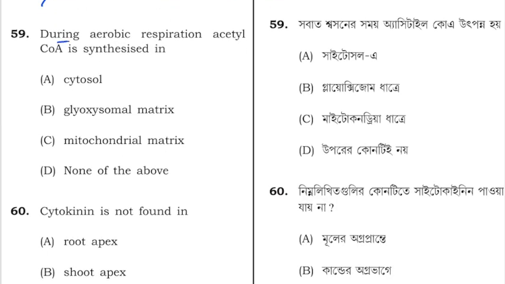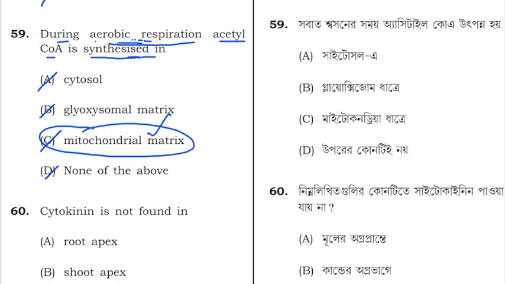Next question is, during aerobic respiration, acetyl CoA is synthesized in: option A is cytosol, glyoxysomal matrix, mitochondrial matrix, or none of the above. So the correct answer is mitochondrial matrix. So glucose is converted to pyruvic acid.